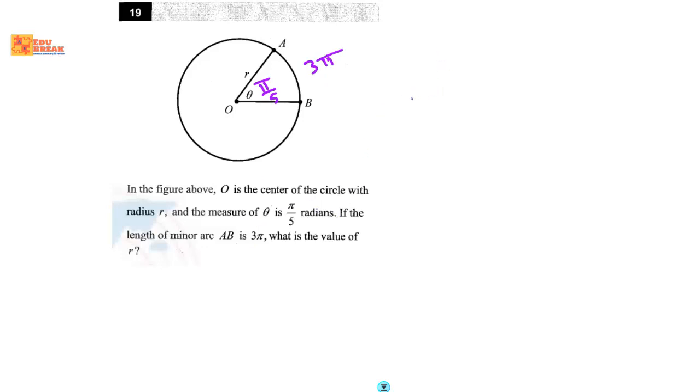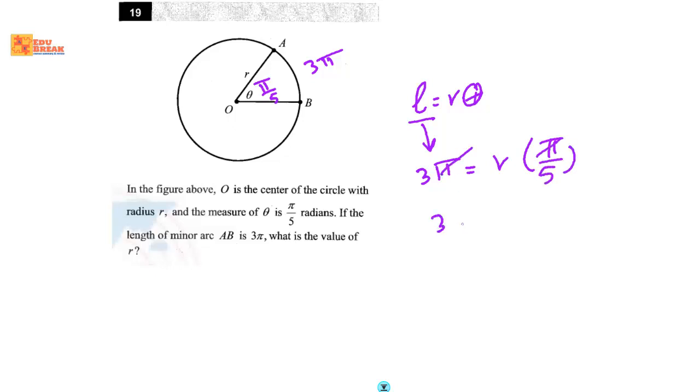You know that the length of the arc equals r times theta. So we have 3 pi equals r times pi over 5. Cancel pi with pi. It means we have 3 equals r over 5. It means r equals 15.